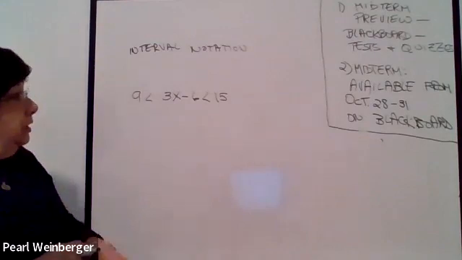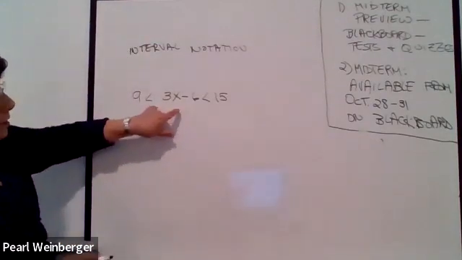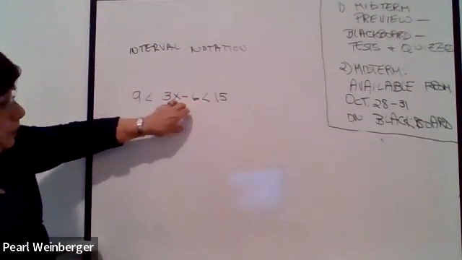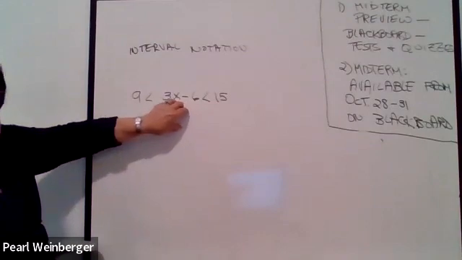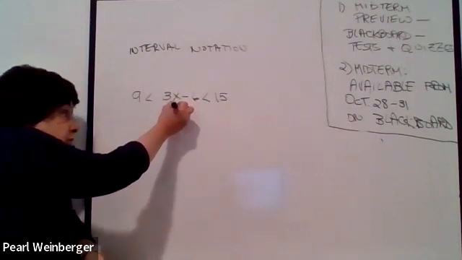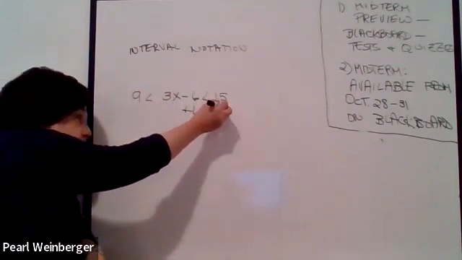Okay, let's work on this. If you recall, when you had this kind of double inequality, what you're concentrating on is trying to get the x alone in the middle. So the first thing I want to do is get rid of this -6. So I'm going to add 6. But remember, you're really doing two columns at the same time.